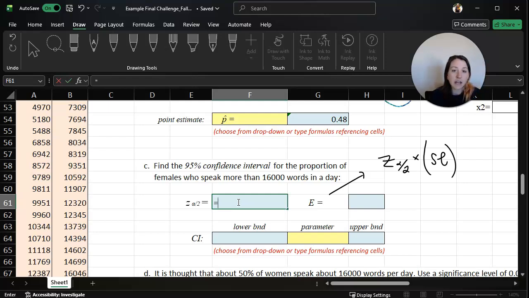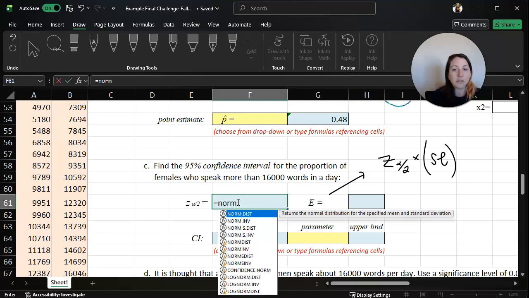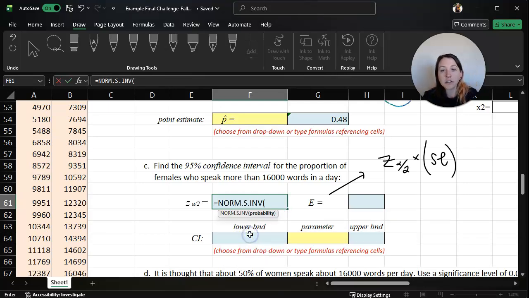If you remember, to find Z alpha over 2, we talked about this in a lot of our pages with confidence intervals. You can use norm.s.inv. So again, what that's doing is calculating a Z-score based on a probability to the left of something. If you remember from our pages, we've learned this to be, if the confidence interval is 95%, that means that the alpha, the leftover, is 0.05.